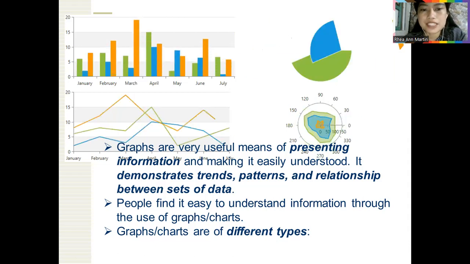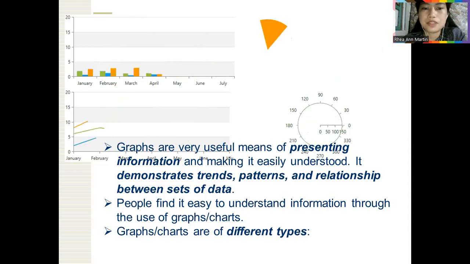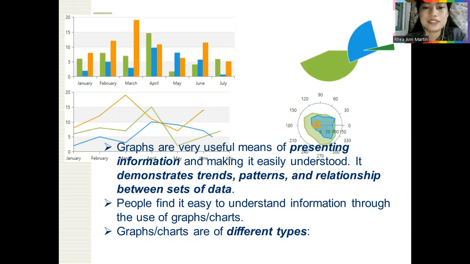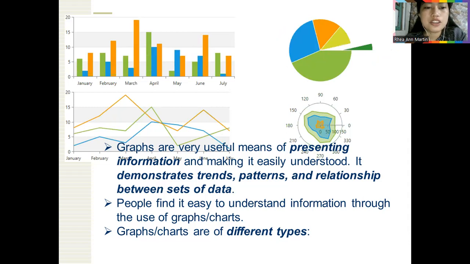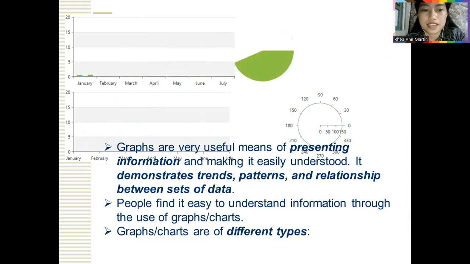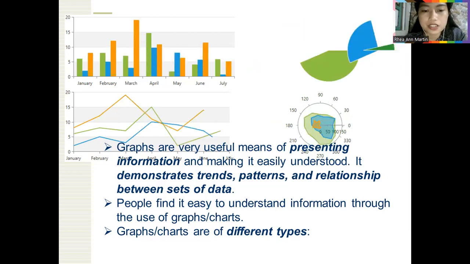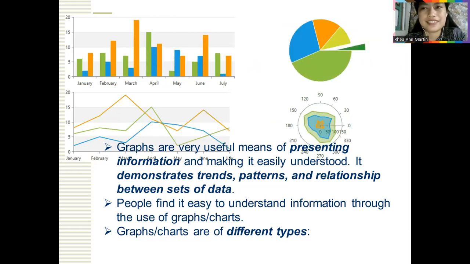It demonstrates trends, patterns, and relationships between sets of data. People find it easy to understand information through the use of graphs and charts. And as I say, graphs and charts are of different types.